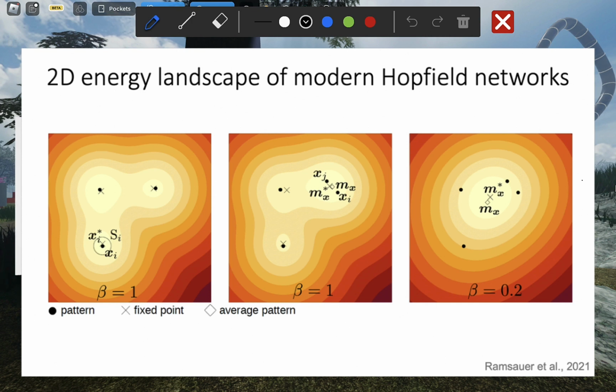We're looking down on the energy landscape, and the lighter color means a deeper point, so a lower energy value, and the darker shaded regions have a higher energy value. And these dots are patterns that we put into the network in this small 2D example.